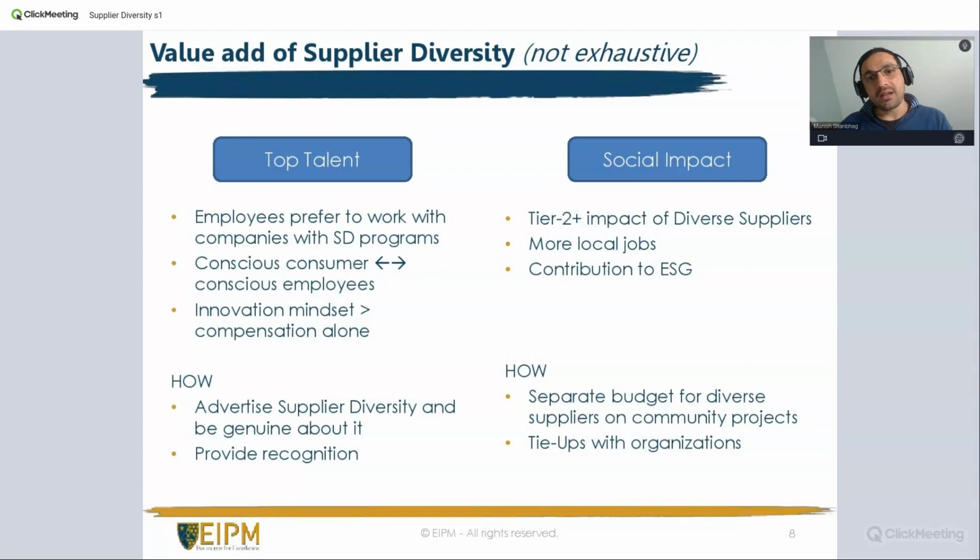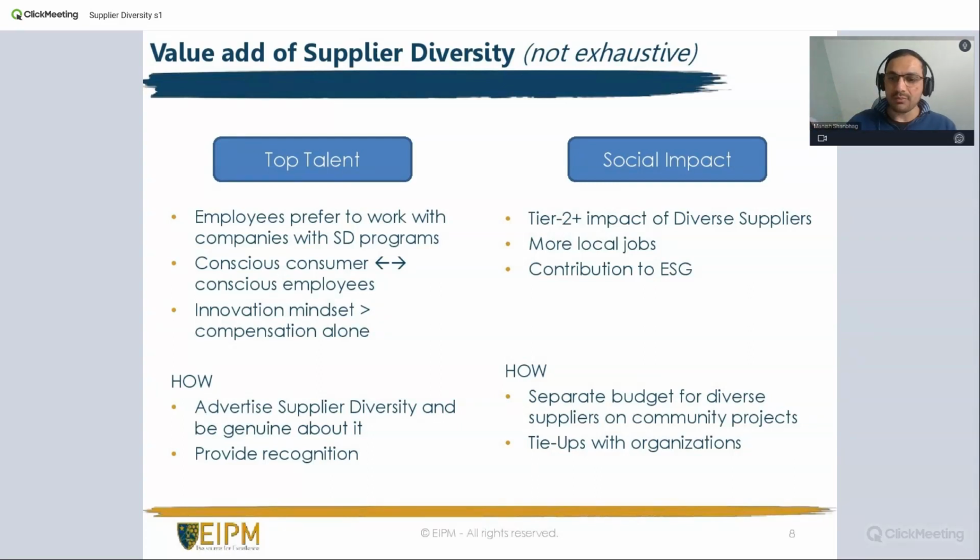Okay, then the other part is the social impact, right? Clearly, when we are trying to involve diverse suppliers within our supply chain, you actually cascade that effect onto the next levels within the supply chain.